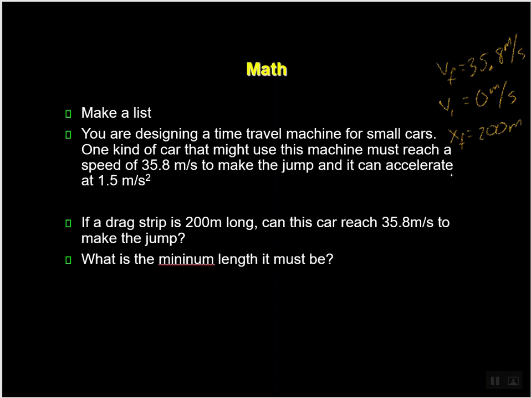Again, they don't tell us the starting spot, so we're going to assume that XI is the 0 meter mark. They also tell us that it can accelerate at 1.5 meters per second squared. And if you get used to making that little list right there, this is going to be a whole lot easier for you guys today. But there's our first example of making a list.